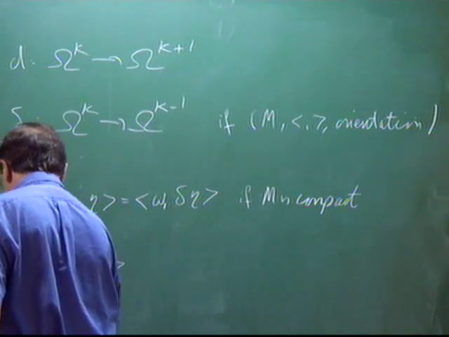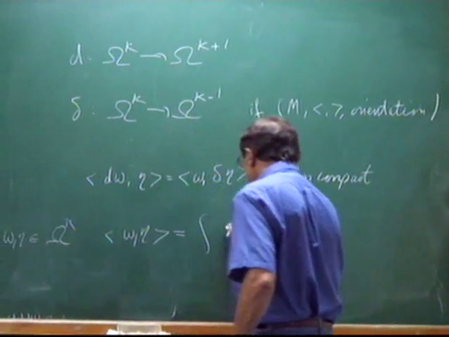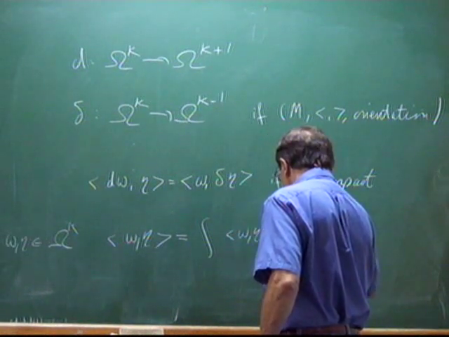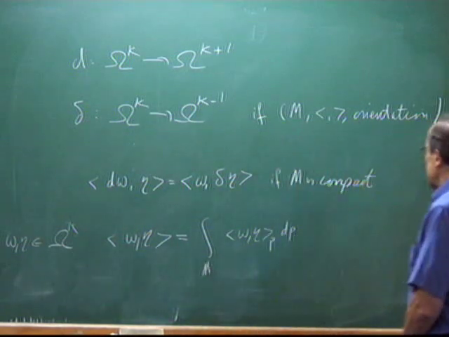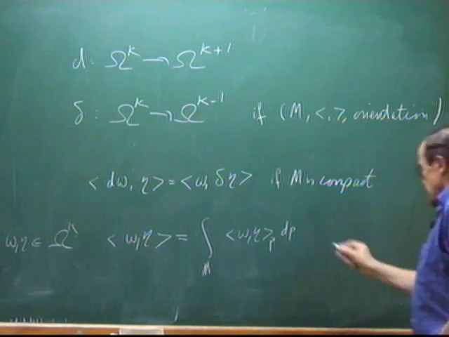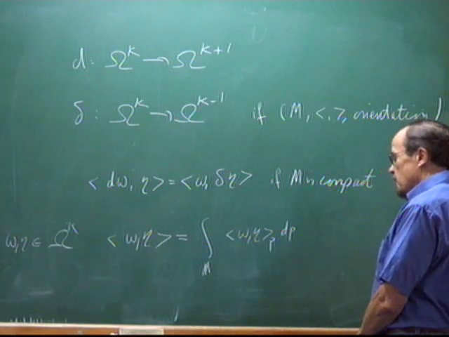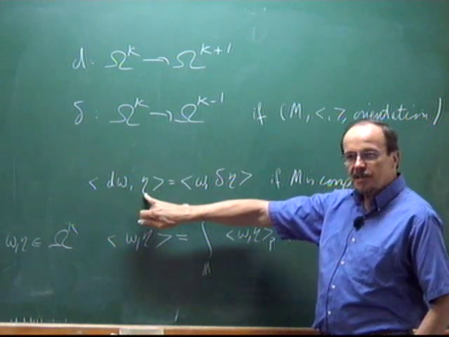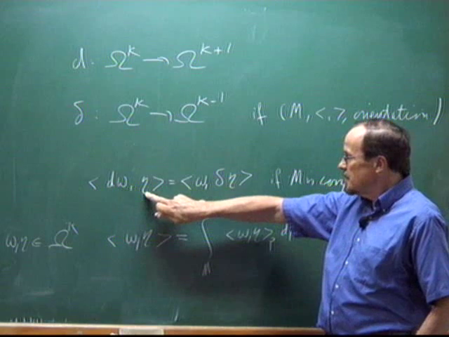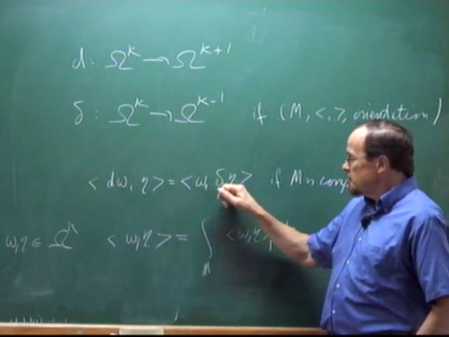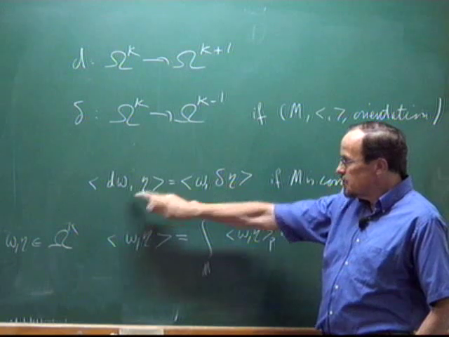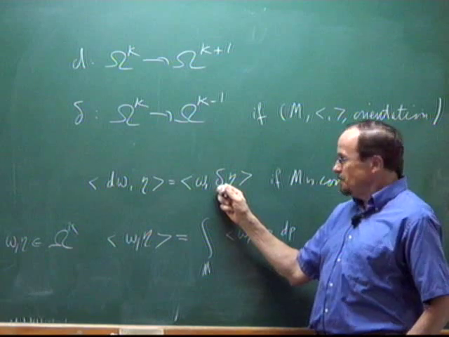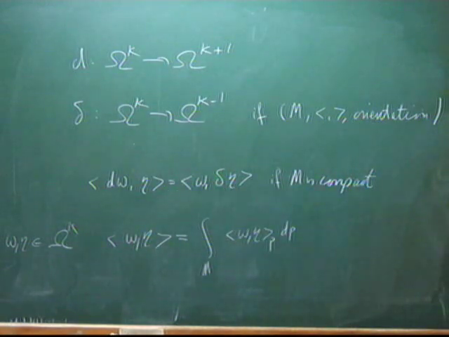If I have two K-forms, I have an inner product, which is the integral of the pointwise inner product. Assuming compactness and orientation, so I can integrate. And this puts an inner product on the K-forms. So here omega is in omega k minus 1, and eta is in omega k, and delta of eta is also k minus 1. This here is on K-forms. That's on k minus 1 forms. So this defines delta formally, at least on a compact manifold.